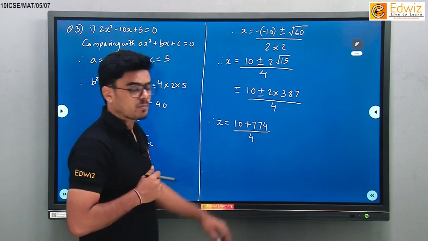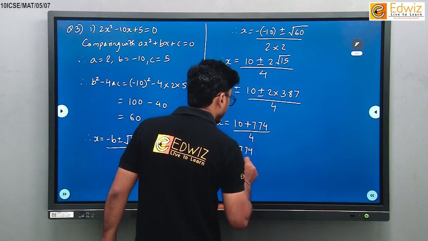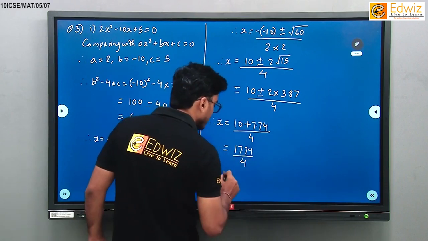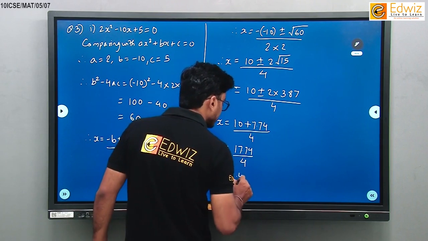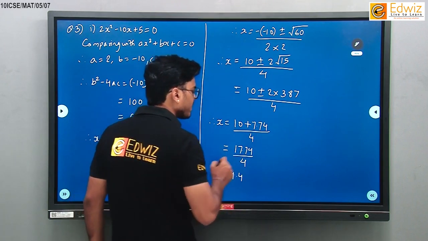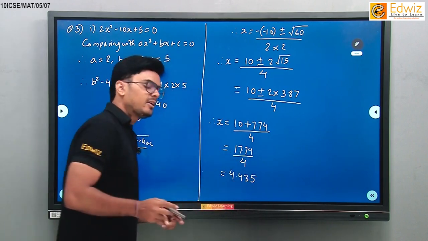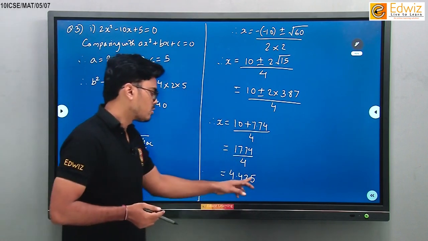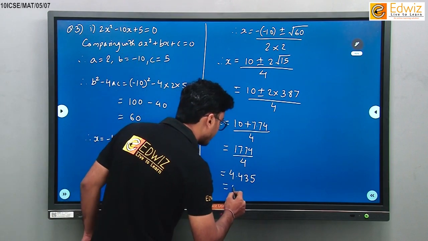So 10 plus 7.74 divided by 4 is 17.74 divided by 4. Upon further division, 4 4s are 16, 4 4s are 16, then we have 14, so 4 3s are 12 and 5 in the end. But we need it only correct to 2 decimal places. So this 5 we can round off here, it will become 4.44 approximately.